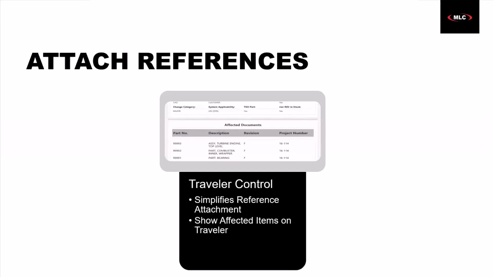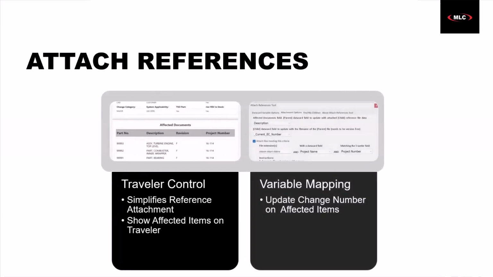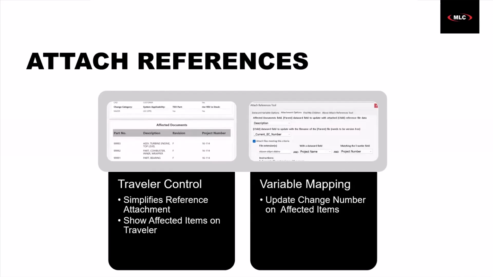That allows unique opportunities to gate your workflows and create one touch point for people to move that engineering process forward. So we can map up to 5 different variables with the child components back to the engineering change order, and the engineering change number is what's by default mapped to the child documents.